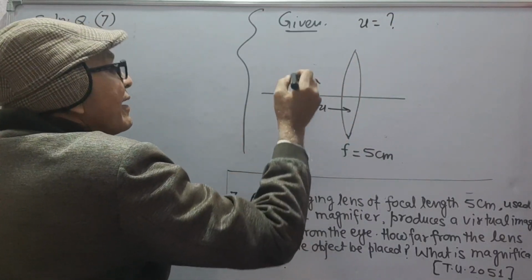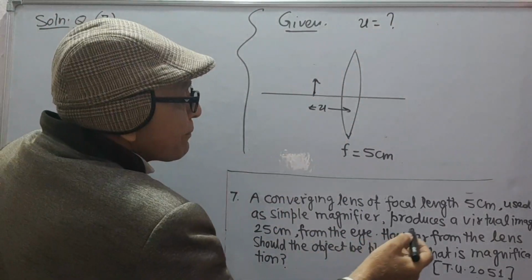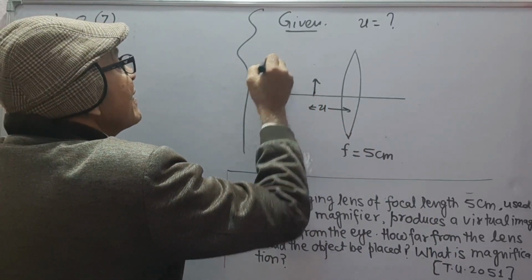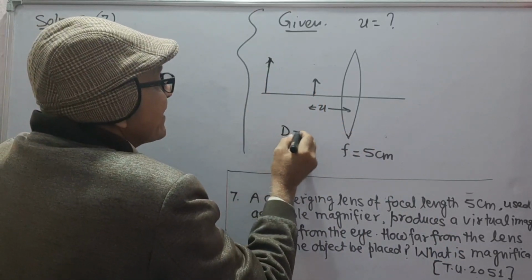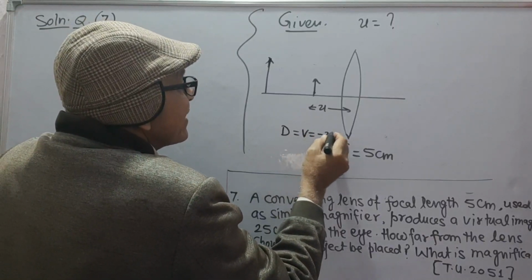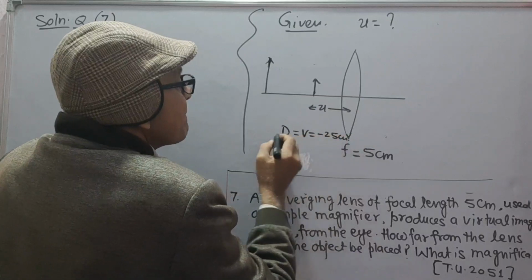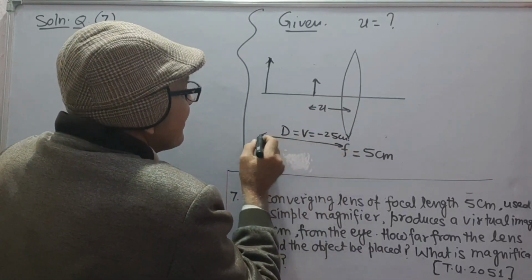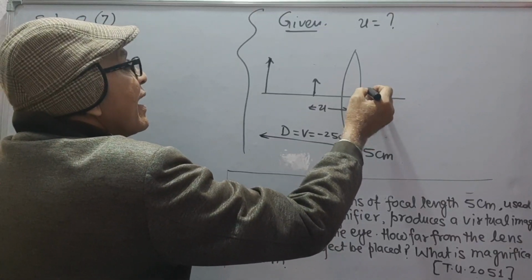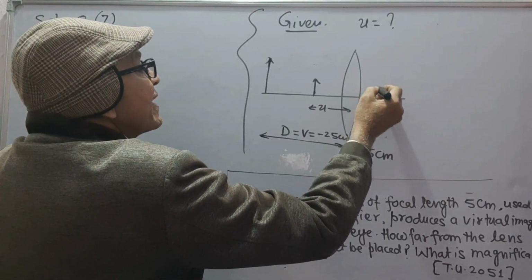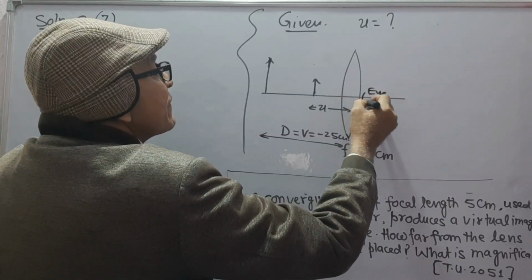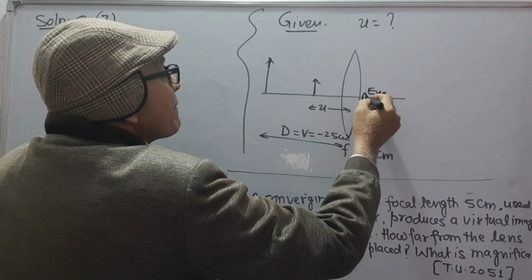The virtual image is formed at a distance d, which is equal to v is equal to minus 25 cm. This distance is 25 cm because the eye is placed near the lens. This is the eye.